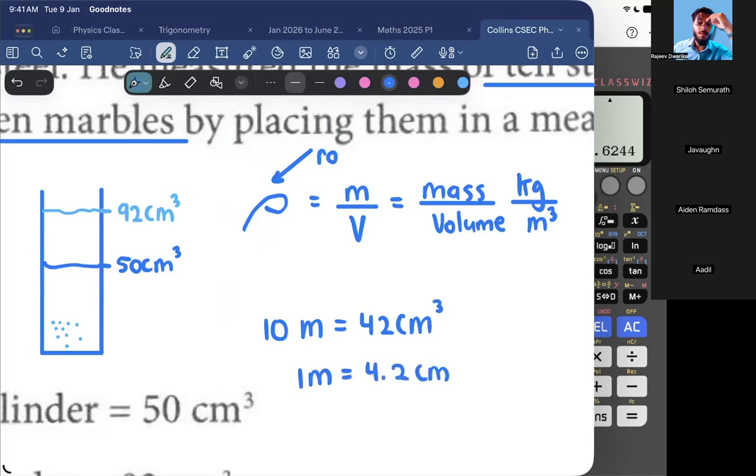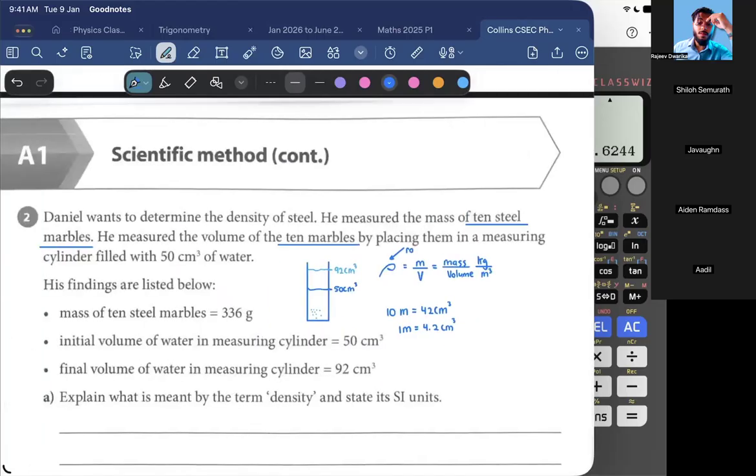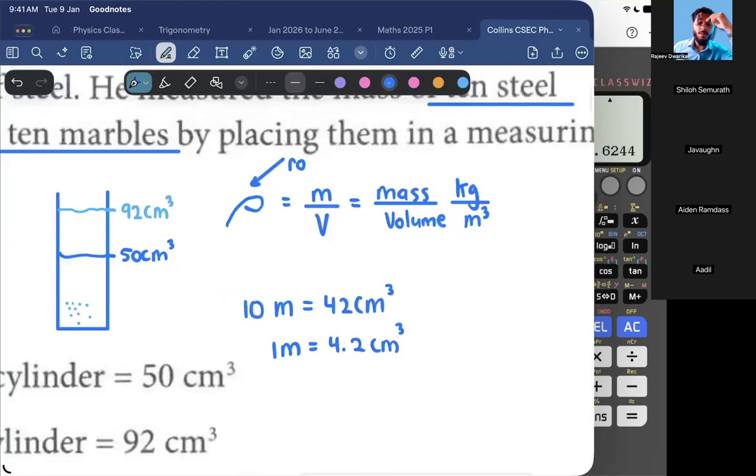Javon, you following the logic so far? Yes, sir. Right. They're telling us the mass of 10 steel marbles is 336 grams. That's the mass for how much? 10 steel marbles.